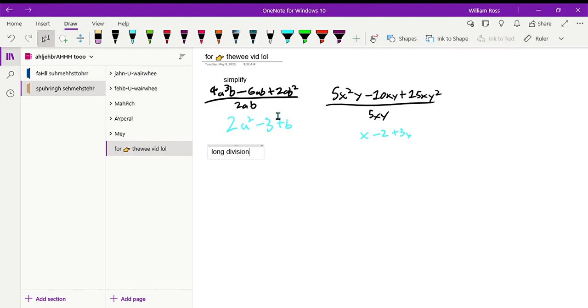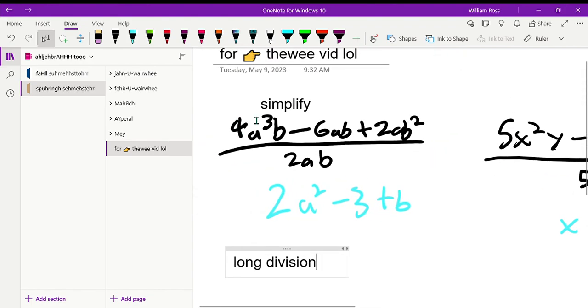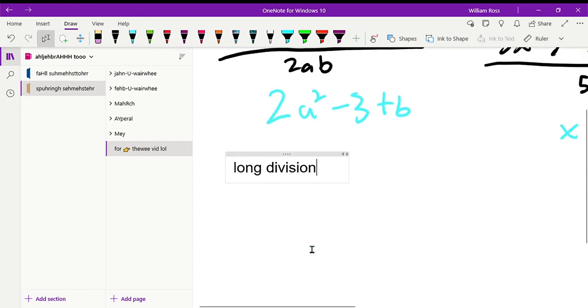The simplifying will only work if you see something like this. I don't know how to be specific on that because I can't say, oh, if they're the same variables you can do this. That's not always the case here, and you will see why. Alright, so let's move on to long division.